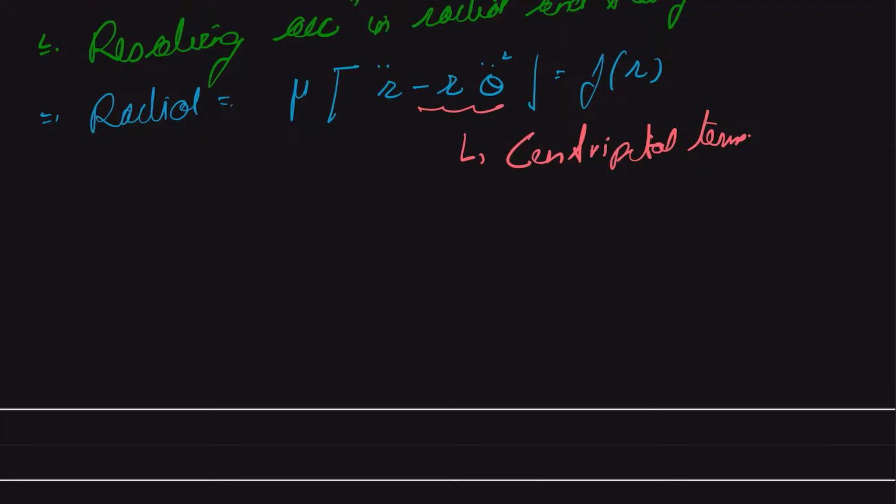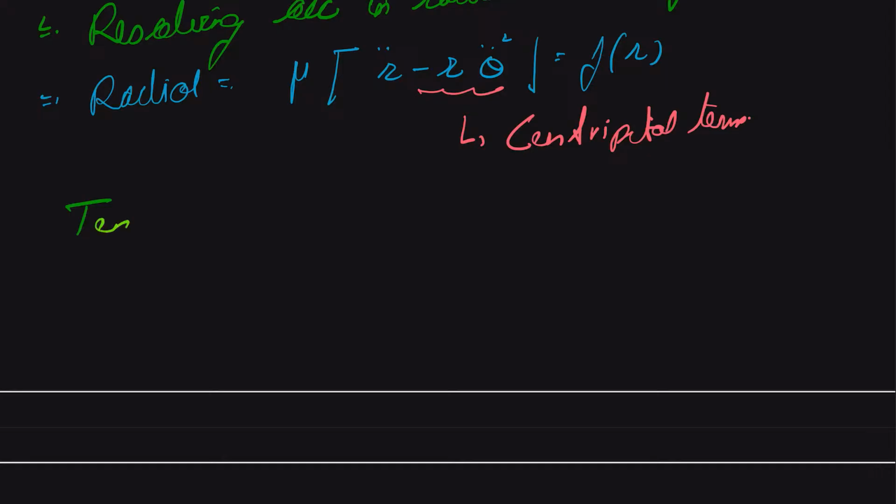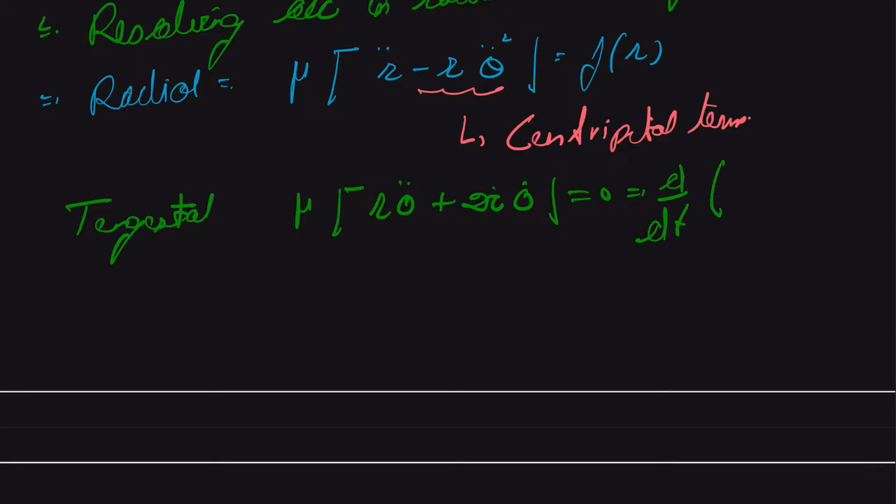Now we come to the tangential direction. For tangential, we can write mu times r theta double dot plus twice r dot theta dot, and that will be equal to 0. Okay. And from here we can generalize this as the derivative with respect to time of r square theta dot being equal to 0.